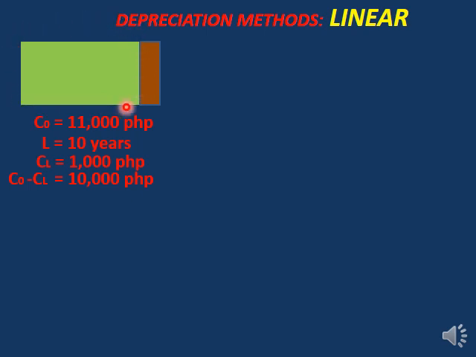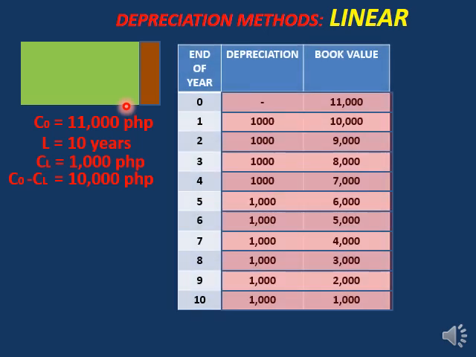Now, here is the schedule of depreciation of our phone. The phone will depreciate according to this schedule. But let us first discuss what is to be depreciated. As you can see, the depreciation must affect only the services.